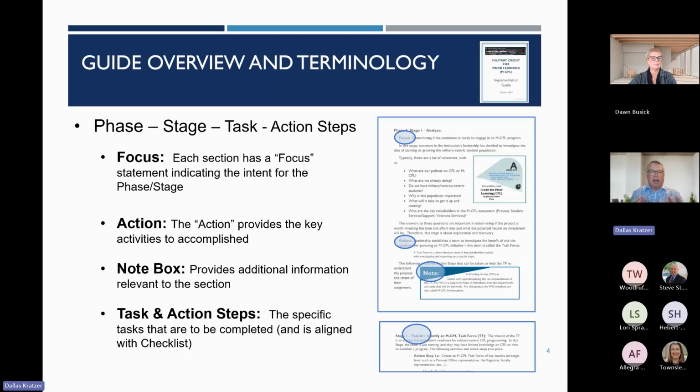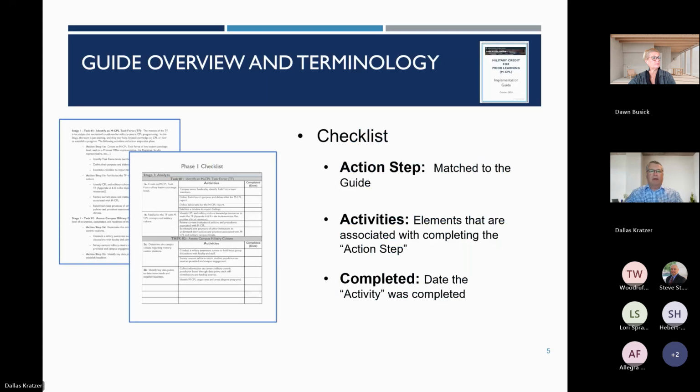Each one of those has a purpose behind it. The focus area is a statement that indicates the intent of what we're doing in that phase or stage. The action is what's going to happen. There'll be note boxes, you'll see those throughout, and then the tasks that you need to accomplish. Additionally, there are checklists for each section. You'll see those again here in just a moment.